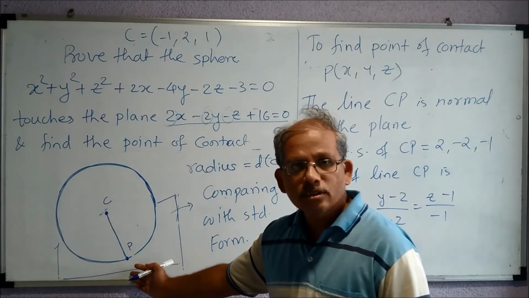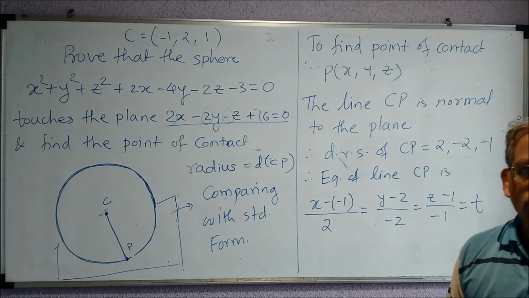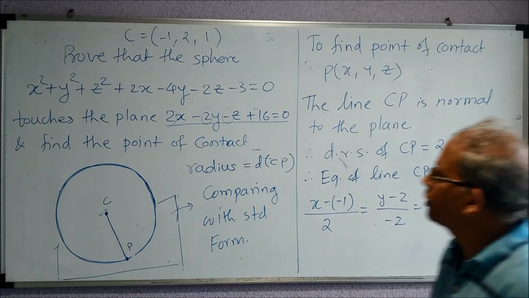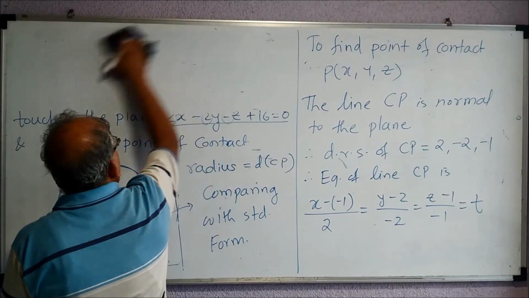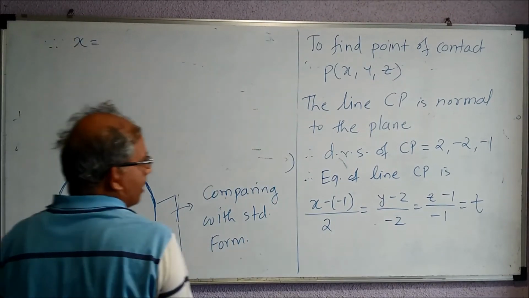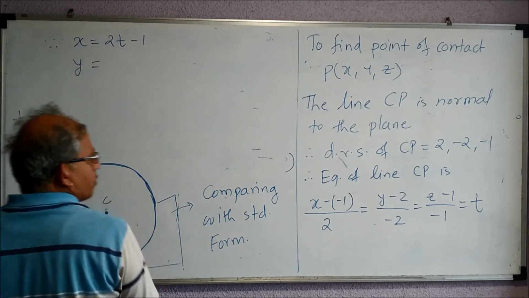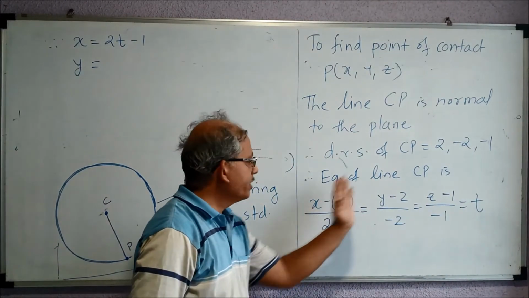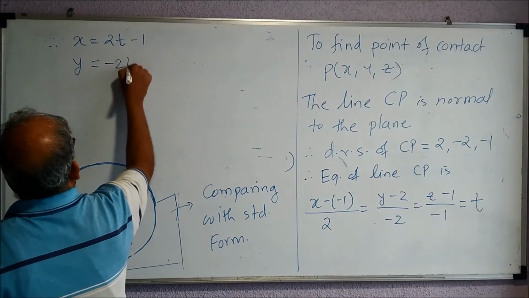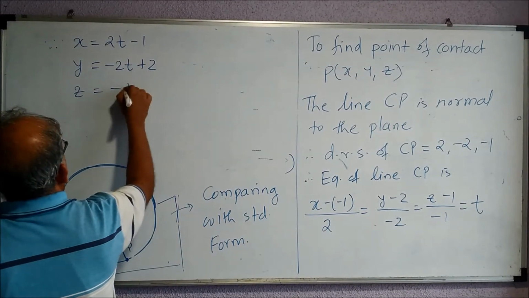So P also lying on this, it must satisfy this equation. Let me call this common ratio t. Now this is a trick. So what I'll do is, I'll identify what is x in terms of t. So I say, therefore x is equal to 2t minus 1, y is equal to, I am multiplying here and sending this coordinate, so each ratio I am equating with t, -2t plus 2, and z is equal to -t plus 1.